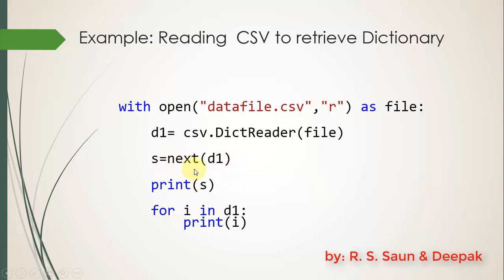Now next is a simple method which takes you to the next line. So s will receive the first dictionary, and then print s will print it, and you can loop through it so that the rest of the dictionaries can be printed. Okay, so let's go to our PyCharm and see how to do this.